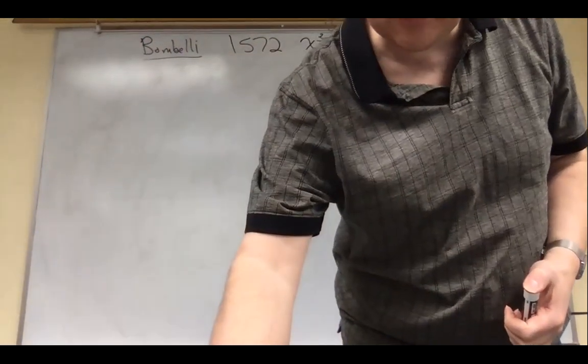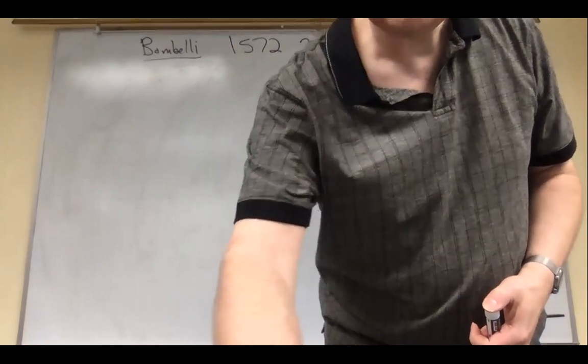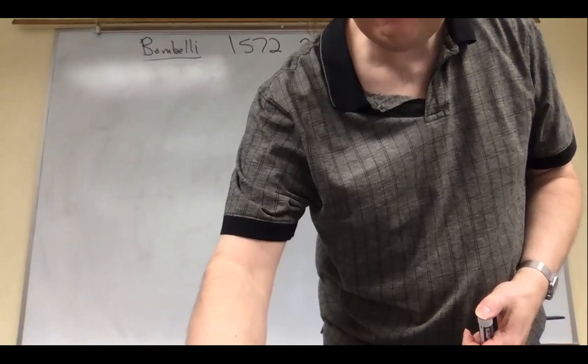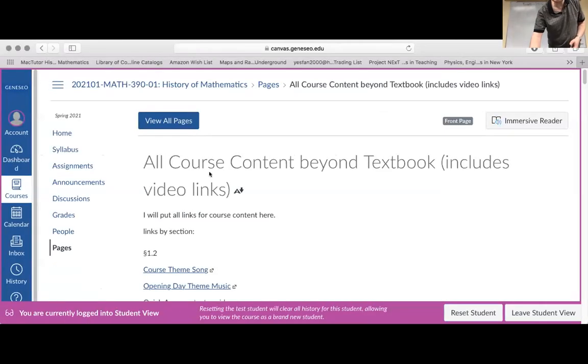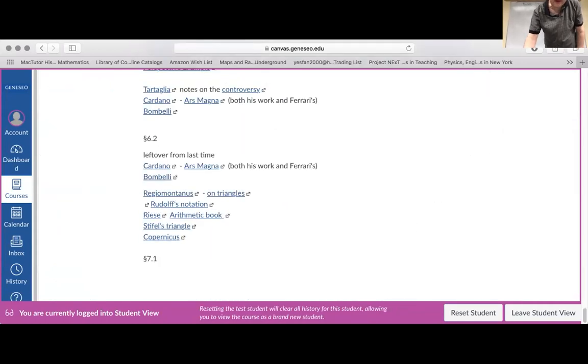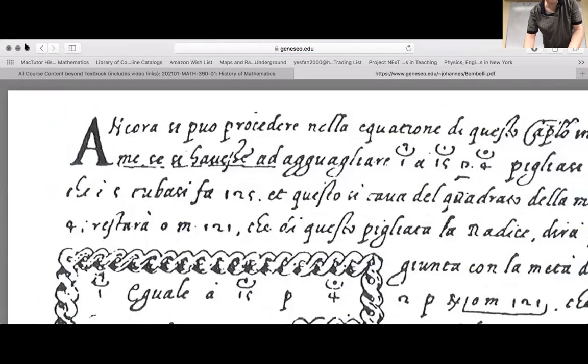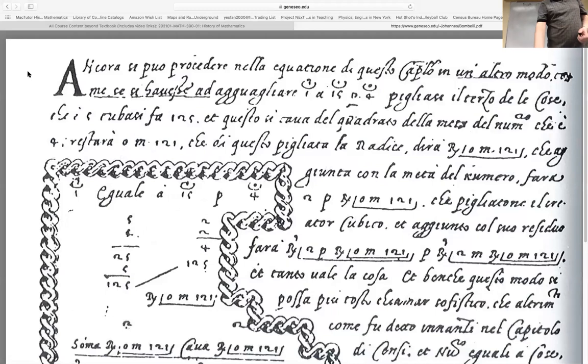All right, let me show you something. Hey, it's our course, yay. All right, and here's Bombelli. And this is Bombelli talking about this actual equation. Notice he says 1, 15, 4. This is what he's using for equals in these times.